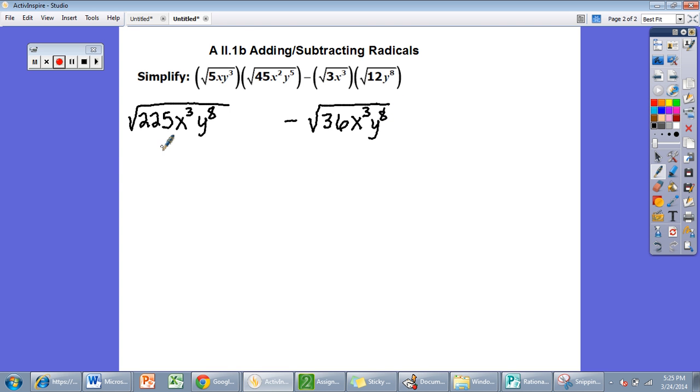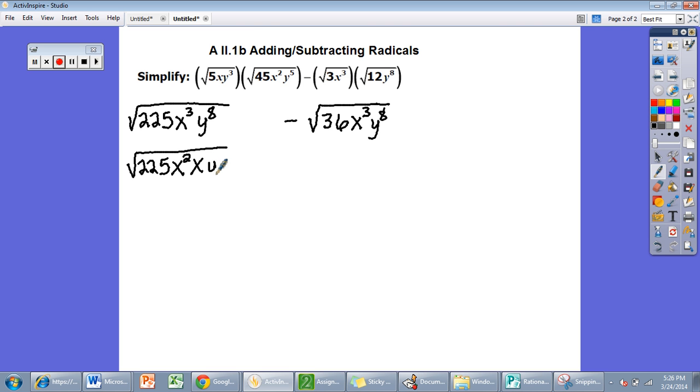Okay, again, I don't have like radicals under each of these, so I can't subtract them. I have to simplify first. Well, 225 is already a perfect square, so I can just leave it just as it is. Okay, x squared times x is how I would break up that x cubed, because I want to break it up into perfect squares.